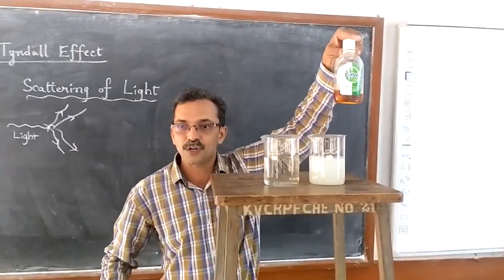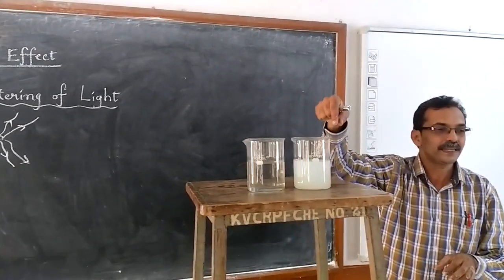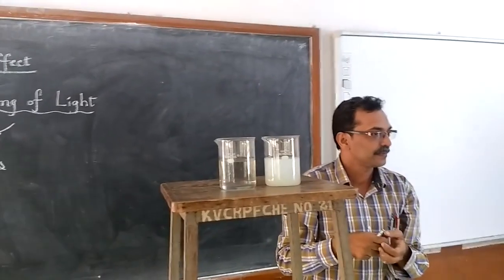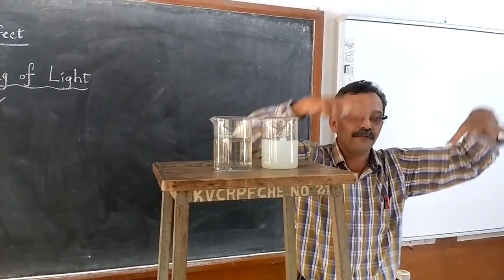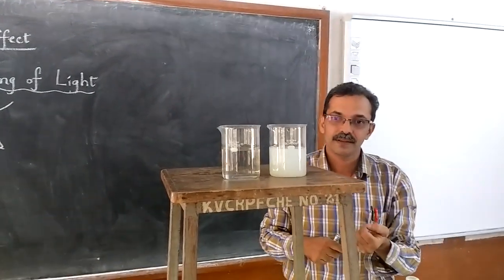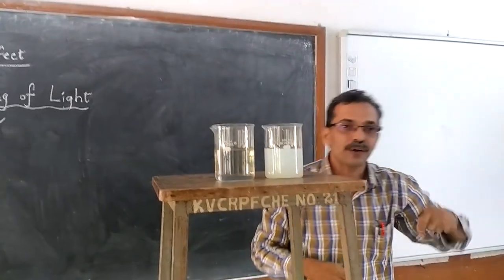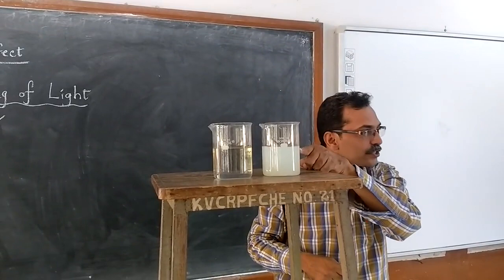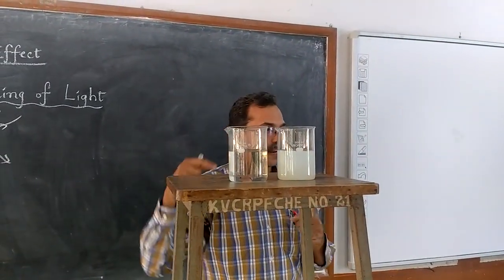Now this has become a Dettol solution, and the Dettol particles will be hanging in water. That is called a colloidal solution. Whenever particles hang in a solution, we call it a colloidal solution. So I have taken a colloidal solution on my left side, and here is pure water.